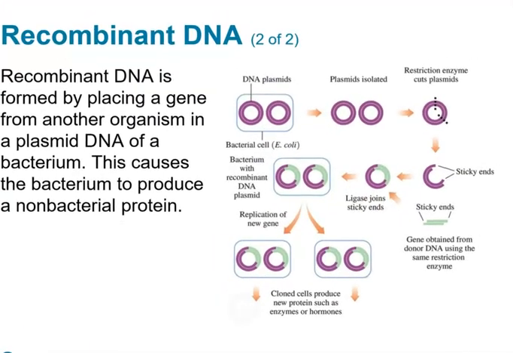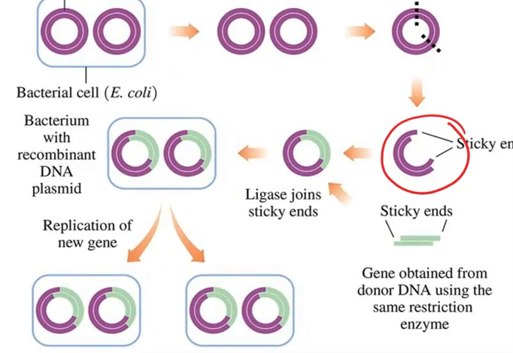So imagine you have that plasmid, and you use so-called restriction enzymes to cut out a bit. Now, if you look very closely, you can see that the cutting produces what's called sticky ends. You see how they stick out, right? So these sticky ends are also generated on the DNA fragment, the gene of interest.